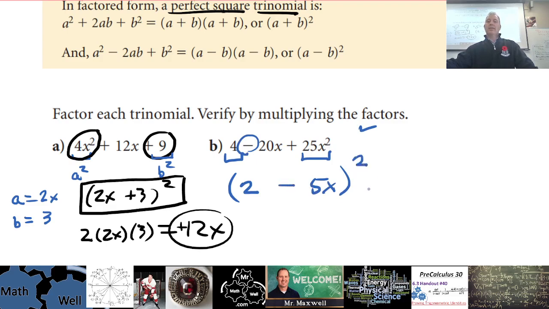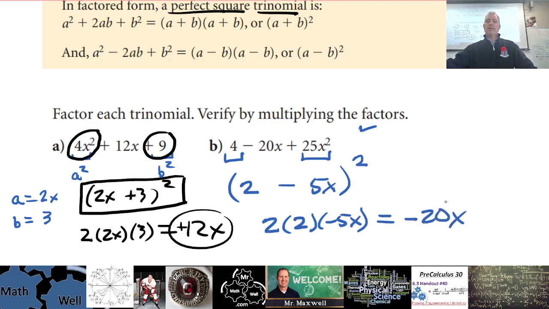So let's check to see if this is our factored version. Because you already checked a squared and b squared, we're going to check 2 times negative 5x. What does that give you? Negative 20x. Is that the same as what I see here? Yes, you're done, this is it.